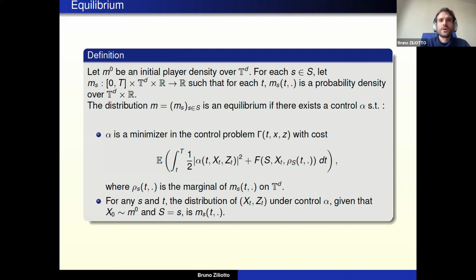And moreover, given any state and any t, the distribution of the couple position-signal when everyone plays alpha is exactly this MS.